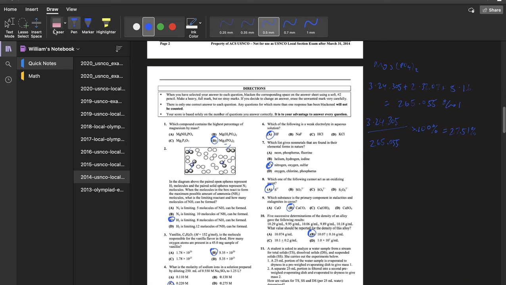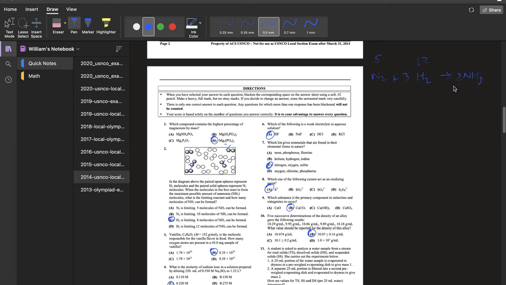For 2, basically we're reacting H2 and N2 to produce ammonia, and the ratio of N2 to H2 is 1 to 3. And for every 1 N2, you're producing 2 ammonias. And if we count up these spheres in the diagram, we're going to count 5 N2s and 12 H2s.